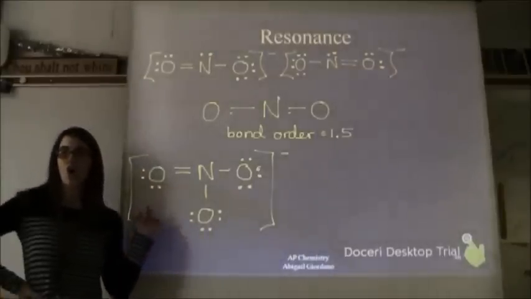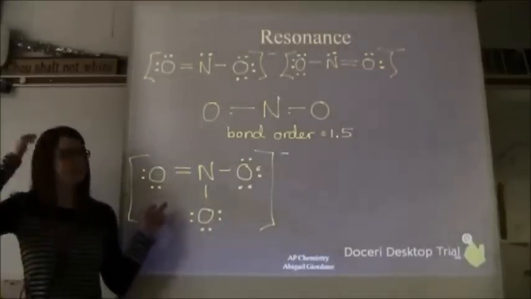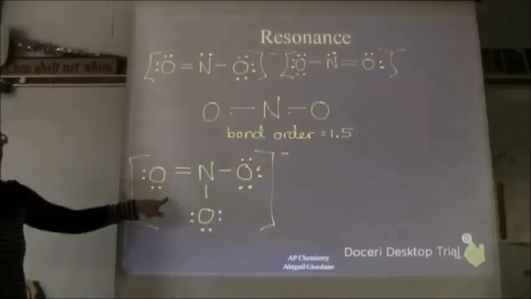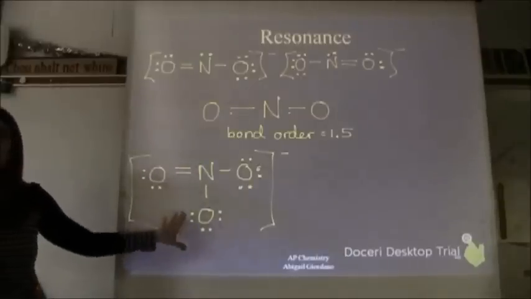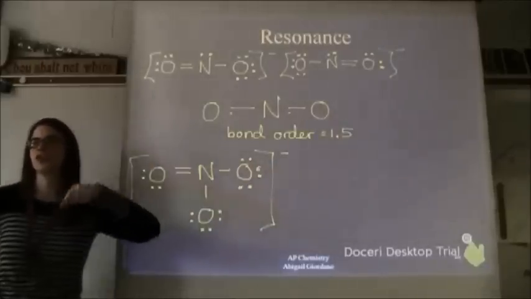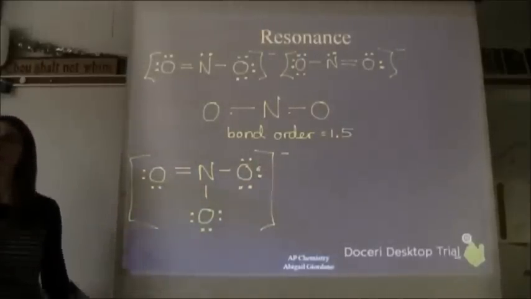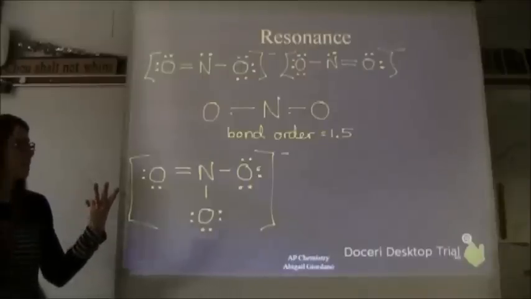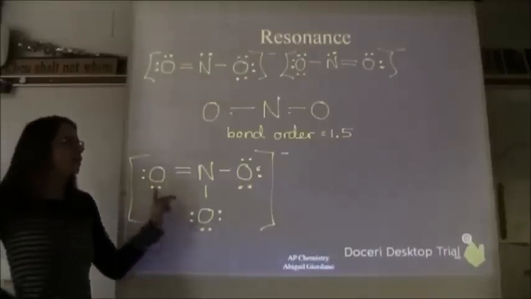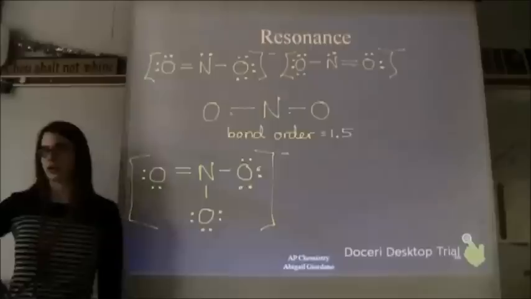Nitrate also experiences resonance. Now, how many total structures would you have to draw to show all of the different ways that that double bond can be arranged? 3. Okay? You'd have to draw 3 resonance structures.